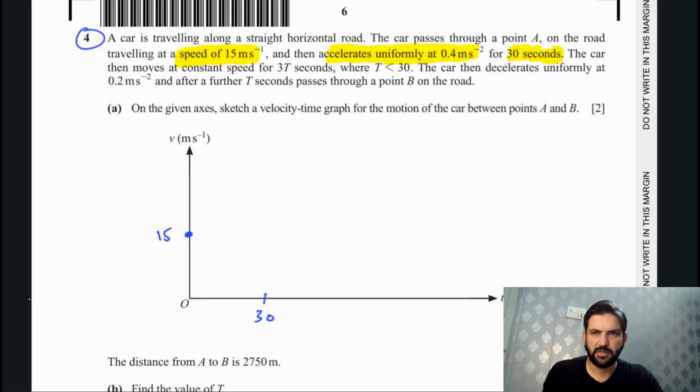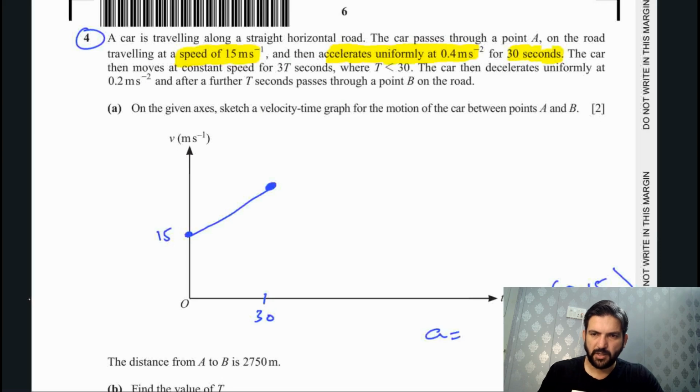If we want to find out the gradient, we are basically finding out the acceleration. Let's say this is the point for the first 30 seconds. Here the coordinates are 0 and 15, and the other coordinates are 30 and v.